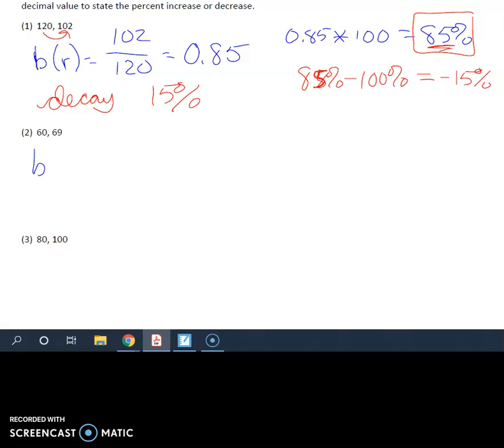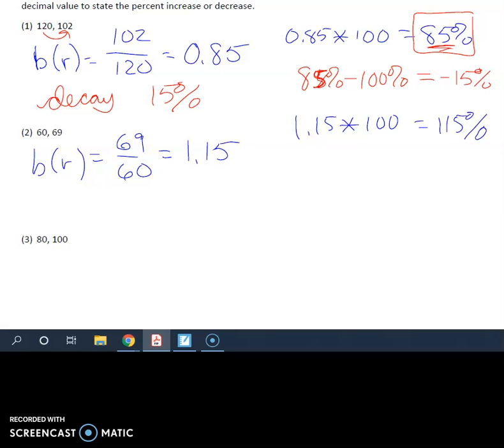All right, so this time we're again going to start with the second answer divided by the first answer. So 69 divided by 60 gives me 1.15. That's my b value, that's my multiplier. I'm going to multiply it by 100 and turn it into a percent. So that's 115%.